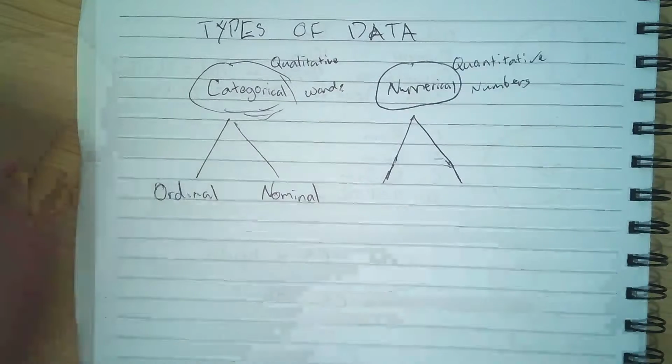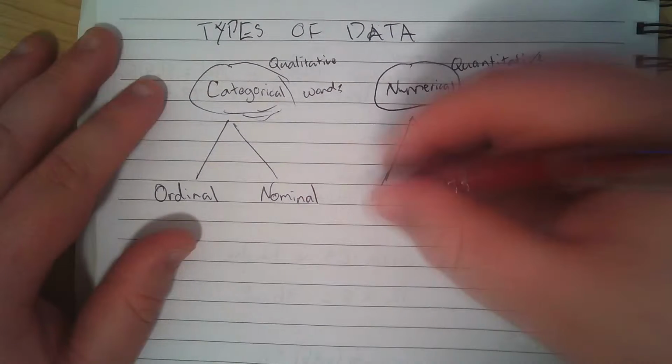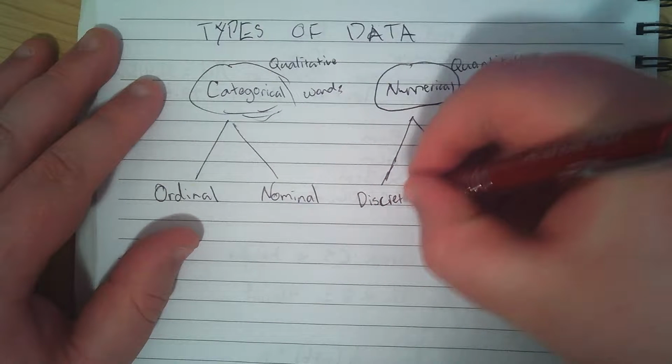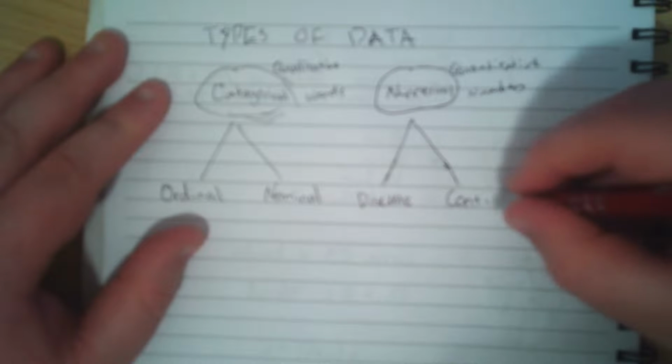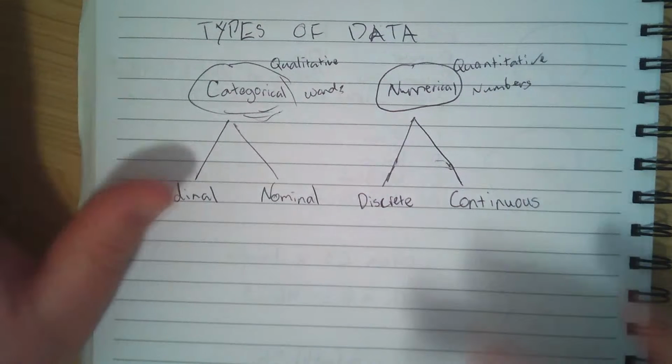Right? So they're the two different data types for categorical. The two different data types for numerical are discrete, and continuous. And I'll give you a small rundown about what each of those two things mean.